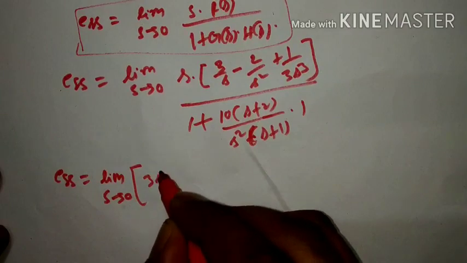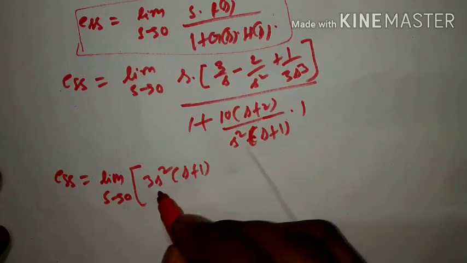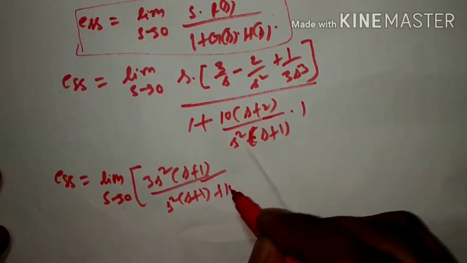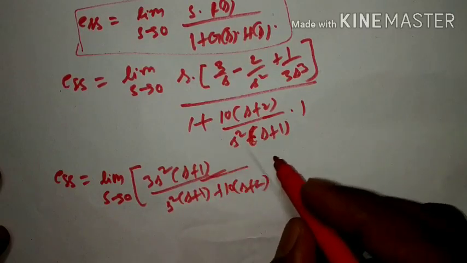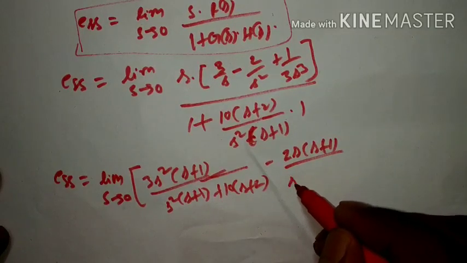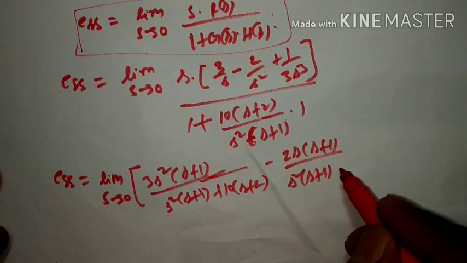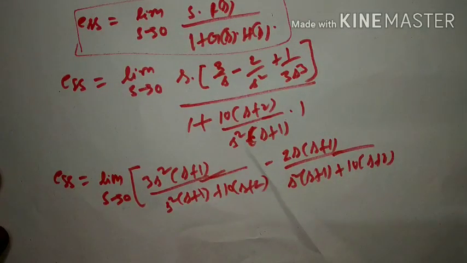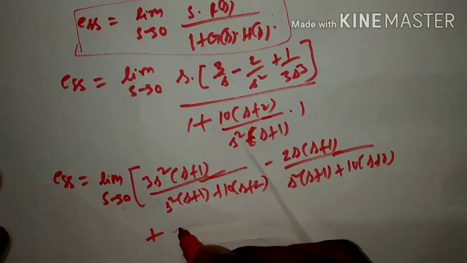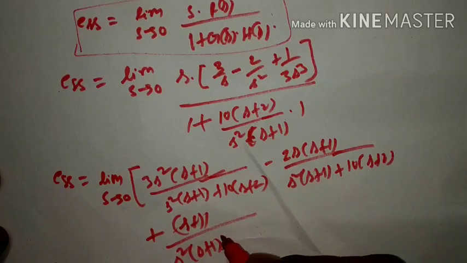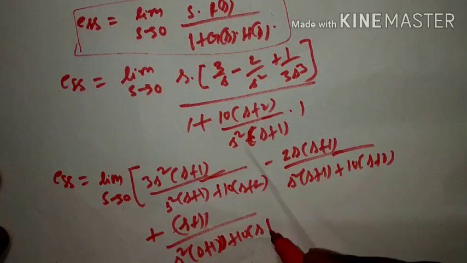So this value is 3s square plus s plus 1 by s square into s plus 1 plus 10 into s plus 2, minus 2s into s plus 1 by s square into s plus 1 plus 10 into s plus 2, plus s plus 1 by s square into s plus 1 plus 10 into s plus 2.